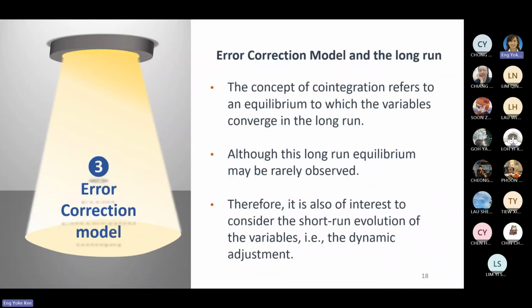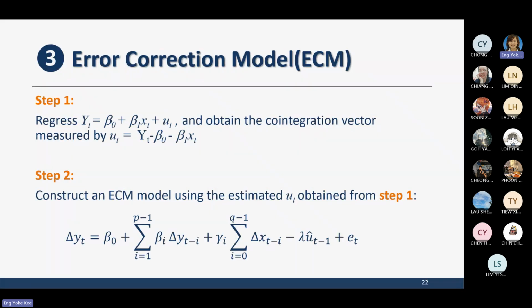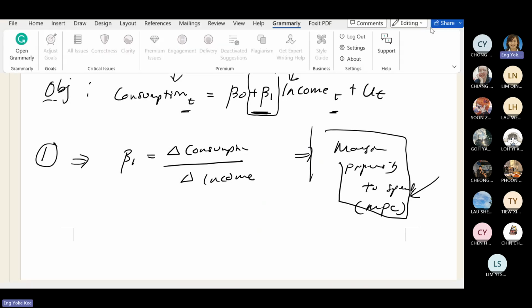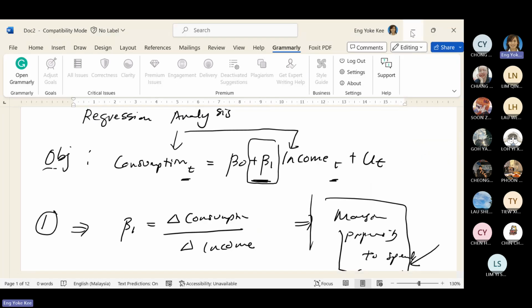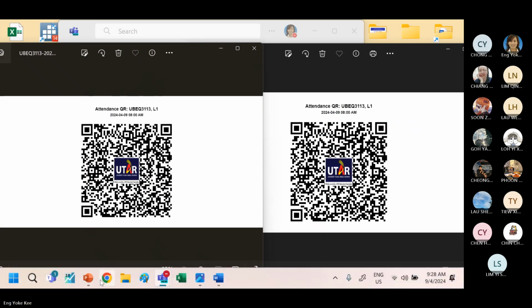All right, so far we have covered two sessions: first on the concept, secondly on how you detect, and then the implication. The last part is the error correction term or error correction model. I think I will reserve this part for our next lectures.